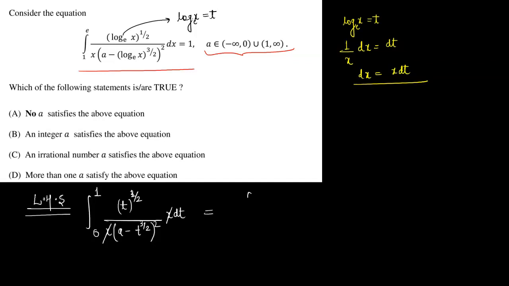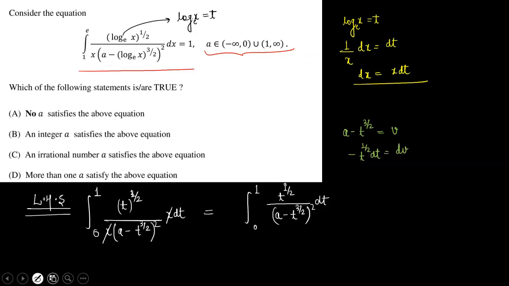Finally we have the integral of t to the power 1 by 2 over (a minus t to the power 3 by 2) to the power 2 dt. This term can be simplified more. If I suppose a minus t to the power 3 by 2 as v, then t to the power 1 by 2 dt is equal to dv.